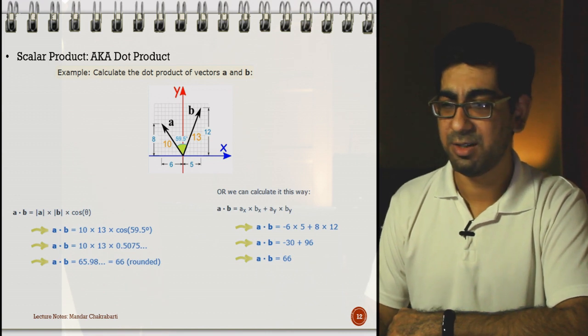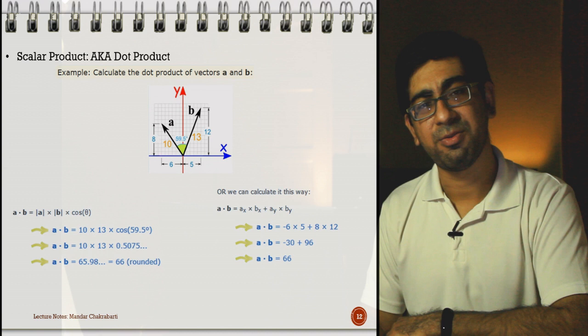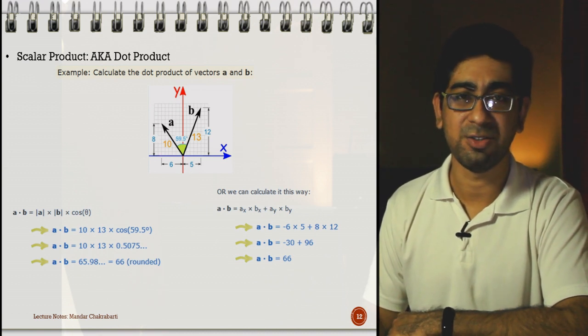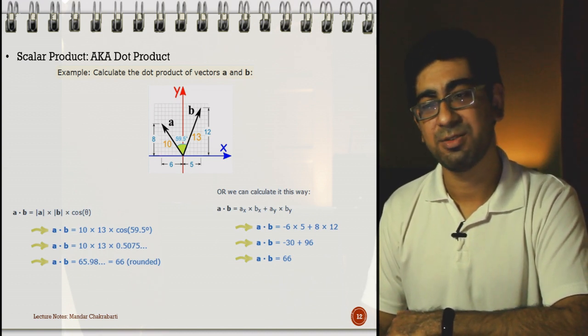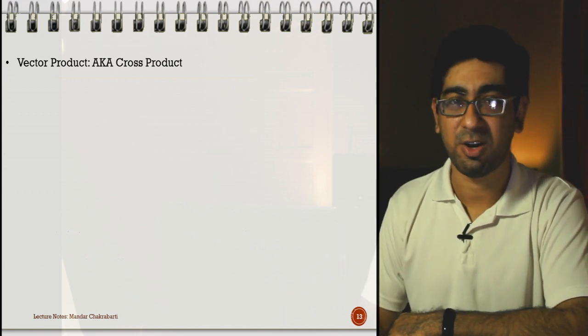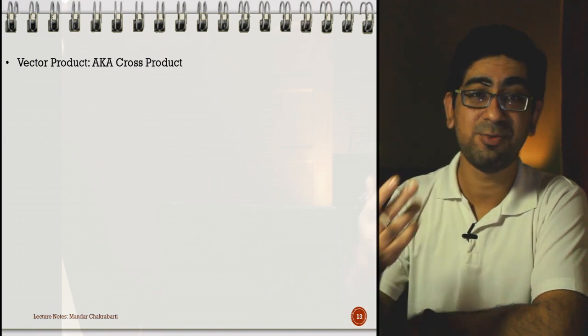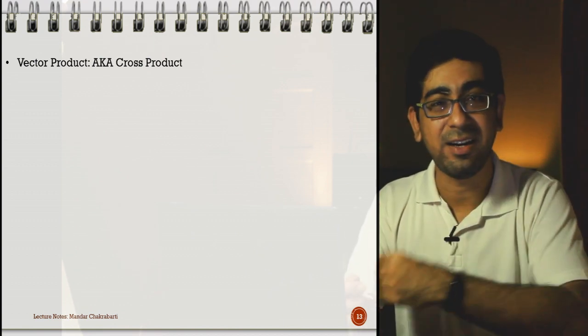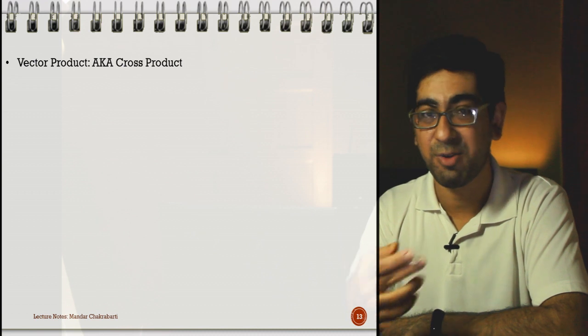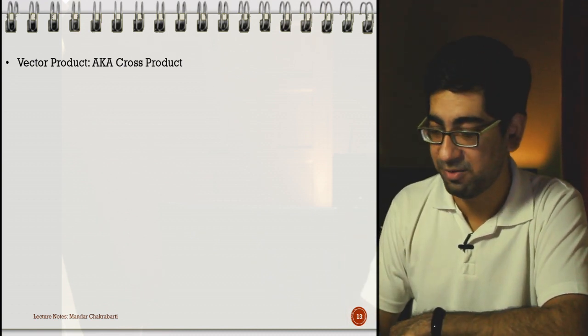Now that we have got an intuition of what the vector dot product is all about, let's recollect what the vector cross product was all about. This one is known as your vector product. A vector product, of course, would mean that the resultant must be in vectorial form.